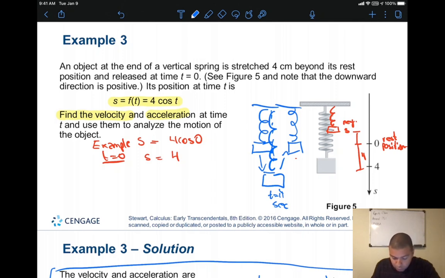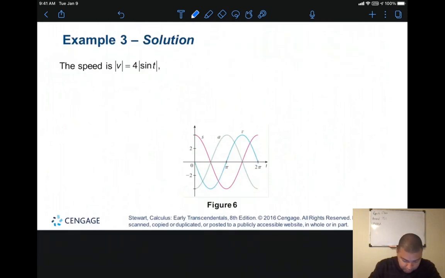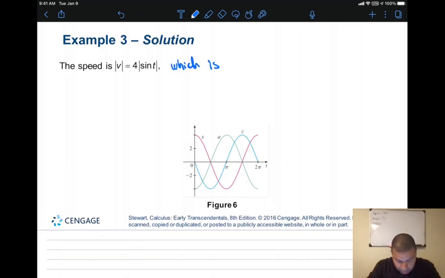That's one of the very important uses of derivatives: finding the maximum of a certain value. So we're finding the maximum distance, which is exactly what the last slide says. The speed, which is the absolute value of velocity, is 4 absolute value of sine t, which is max when sine t equals 1.